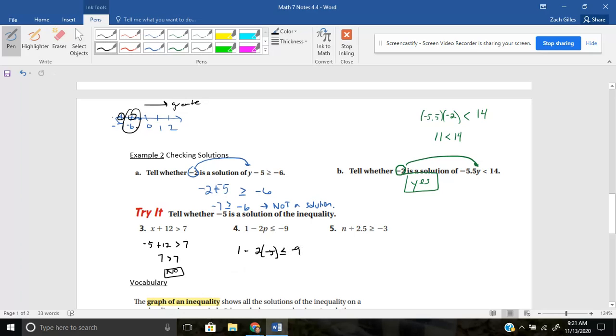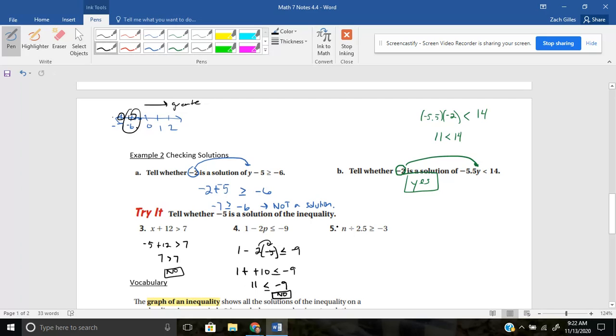Okay, so 2 times negative 5 is negative 10. So 1 minus negative 10, I'm going to change my subtraction to addition, and the next number to its opposite. So 1 plus 10 is 11. Is 11 less than or equal to negative 9? No, it's not. It's greater than negative 9.